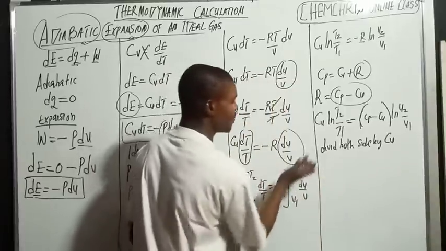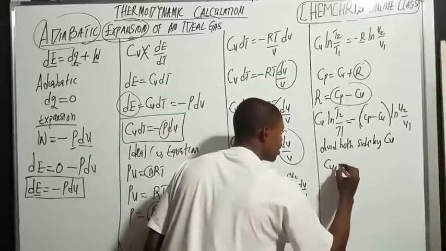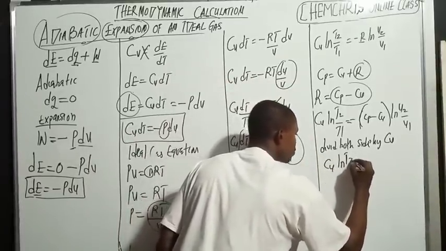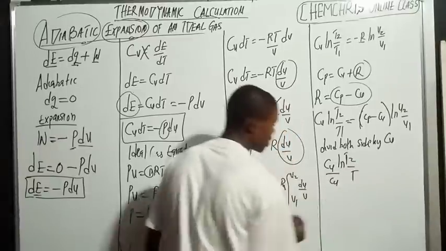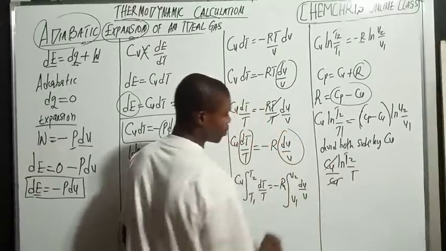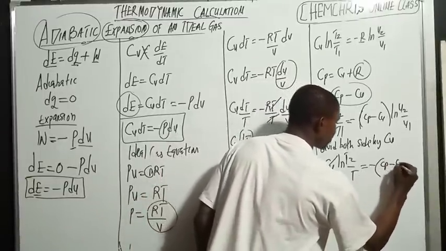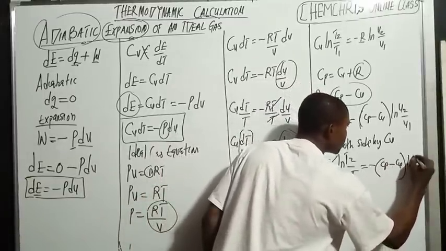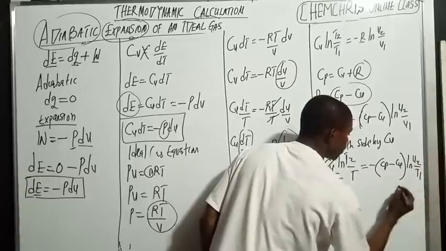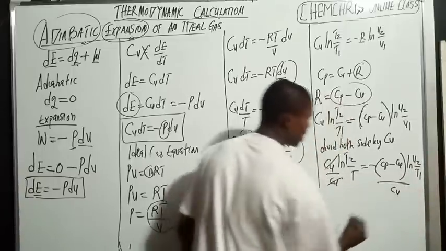If I divide both sides by CV, it's going to be CV ln T2 over T1 divided by CV. Can you see that? So this CV cancels out, equals minus CP minus CV ln V2 over V1, over CV. Can you see that?